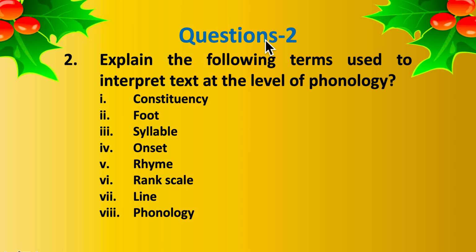Question type 2. Explain the following terms used to interpret text at the level of phonology. These are the terms we discussed at the end of our lecture. Like, what is constituency? Explain. What is foot? Explain. What is syllable? Explain. Onset, rhyme, rank scale, line, phonology. Look here, I have given 8 questions because they are all we have discussed.